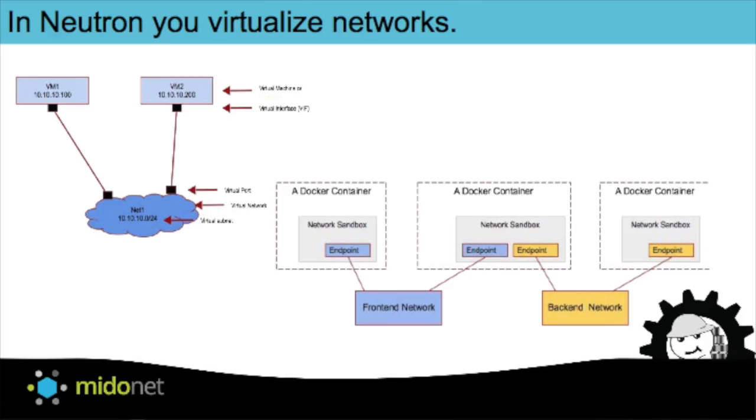In Docker, it's pretty much the same, other than that they're using different concepts. So if you're coming from a networking background and you have worked with Neutron a lot, then with Docker networking you have to learn a lot of new terms, but in the end it's the same thing. Apart from that, there is a lot of stuff that doesn't make it easy for you to use networking with Docker.